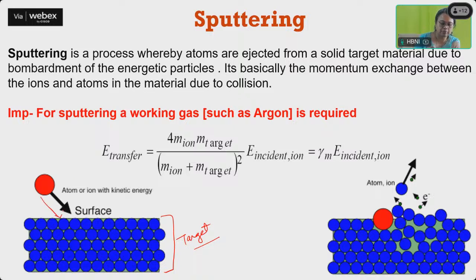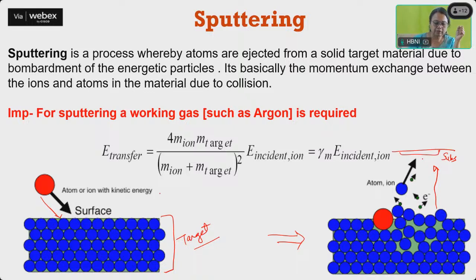It comes and bombards the surface, and because of that, some ions or atoms of the surface are dislodged and go and settle on my substrate. This is my substrate, and the film starts forming. So it is basically an energy transfer or momentum transfer process.